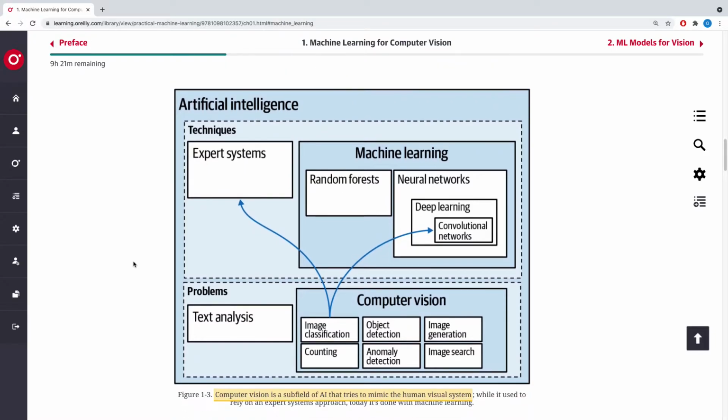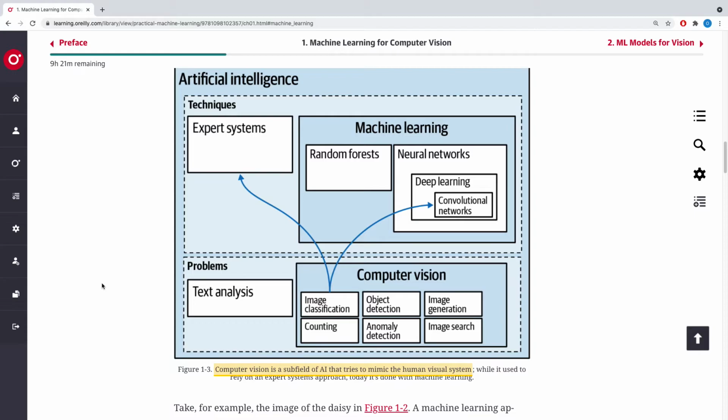Okay, and we can see where computer vision is in relation to other fields of AI. So we can see that computer vision is actually embedded in AI, and we see machine learning.